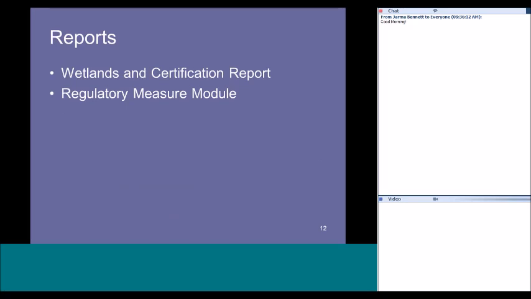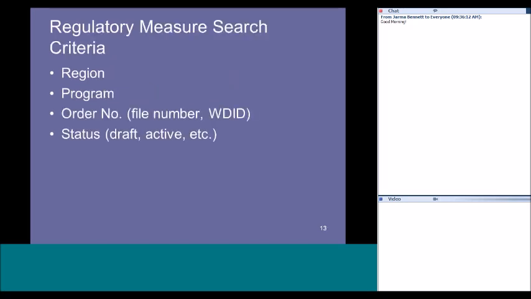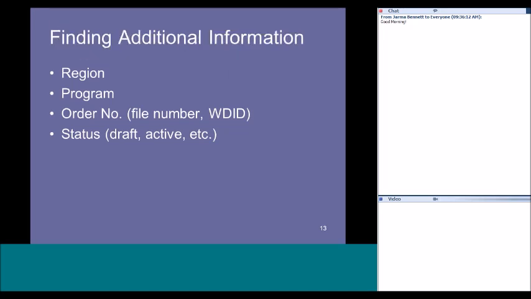And then also, if you just wanted to know how many regulatory measures were out there for this program, either certifications or WDRs related to the Wetlands and Certification Program, you could just do a regulatory measure search and export it into Excel and sort it or filter it, and that would be one way to get the data. We also have a number of other reports in SWRCB. Those are just the 2 that I thought would be interesting. And again, through your regulatory measure search, you could use a number of criteria to do your sorting or filtering on.